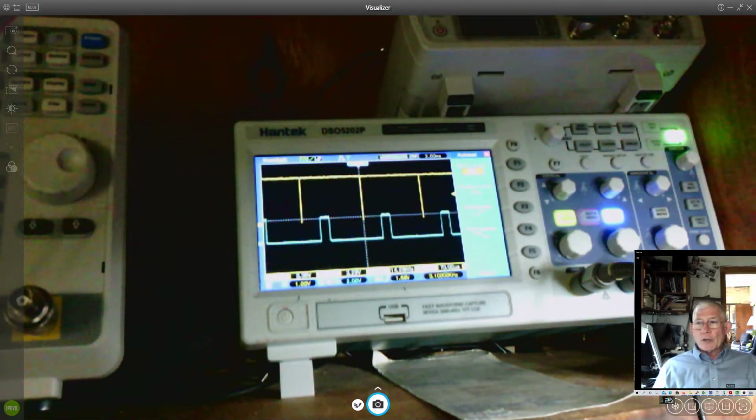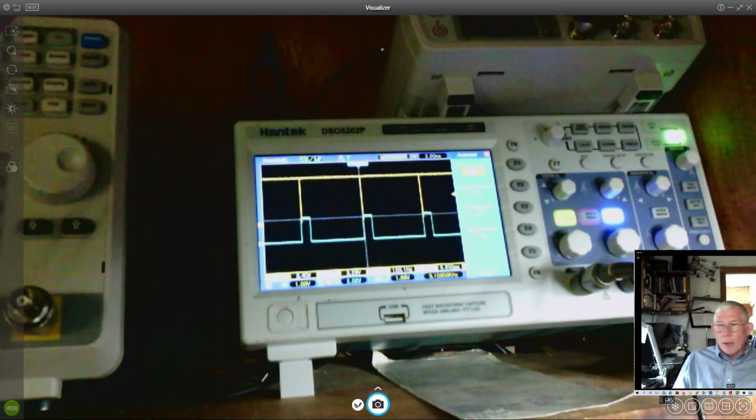And the yellow signal you see is when I'm toggling the pin every time my SysTick counter counts 10 milliseconds.